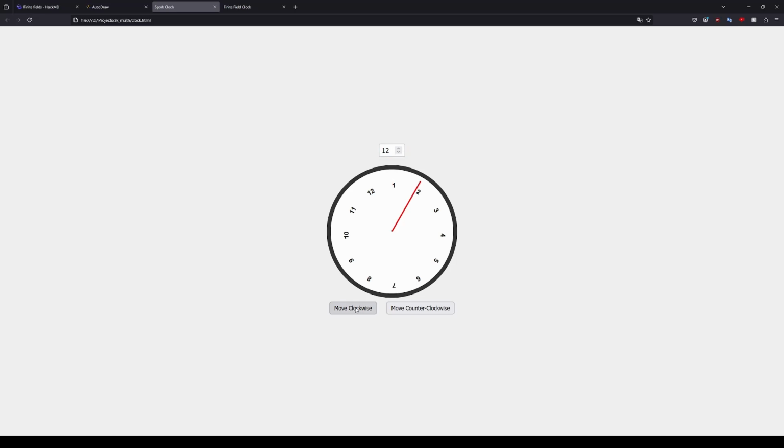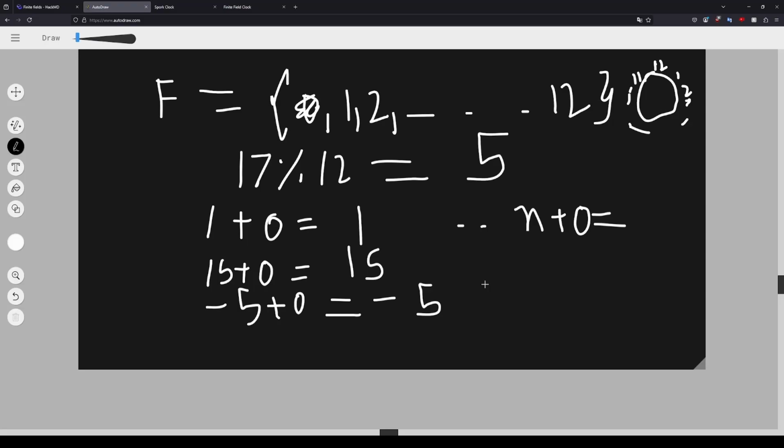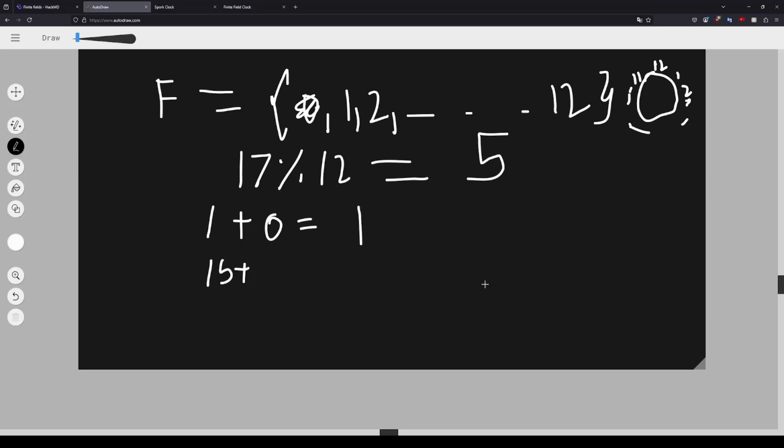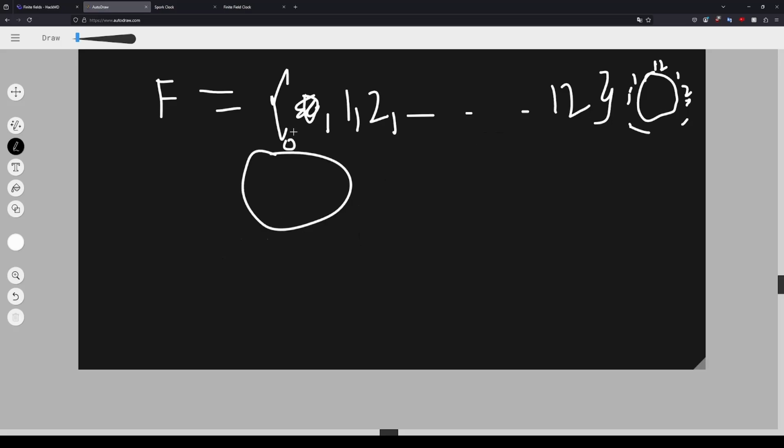So similarly, on a clock, 0 is basically 12 now. 12 is 0, 1, 2, 3, 4, 5, 6, 7, 8, 9, 10, 11. Sorry for the bad drawing.